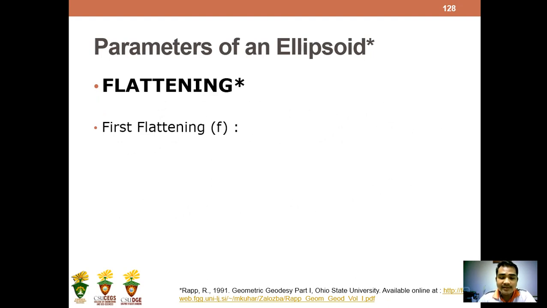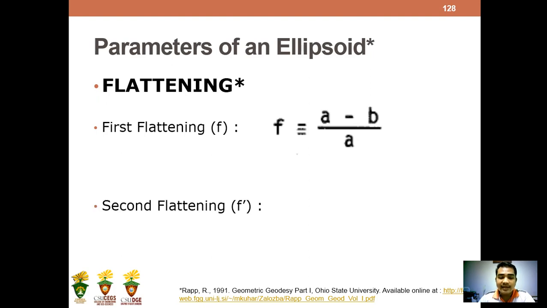So for flattening, here is the formula. The first flattening, denoted f, is equal to A minus B over A, the semi-major axis minus the semi-minor axis, all over the semi-major axis. We also have the second flattening, denoted f prime.